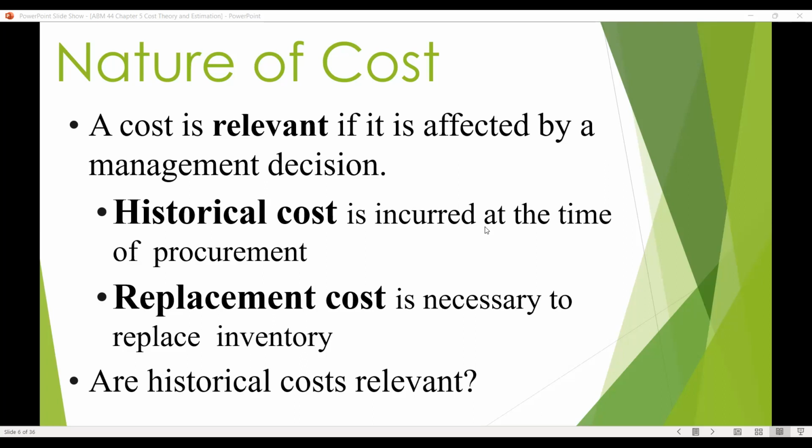Next, are historical costs even relevant? Why do you think historical cost is relevant?